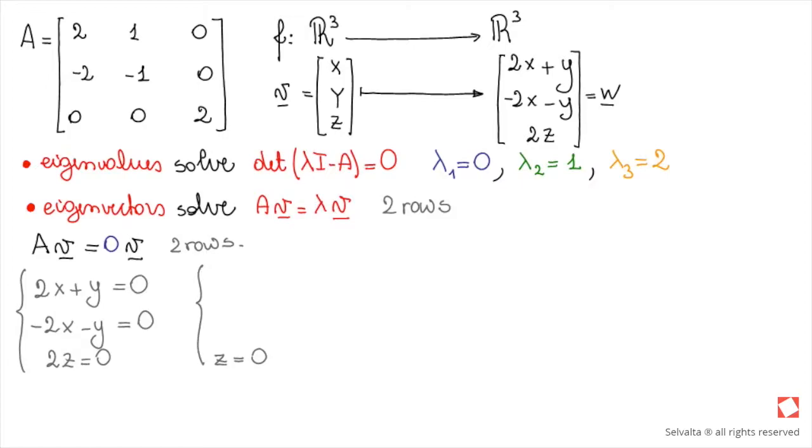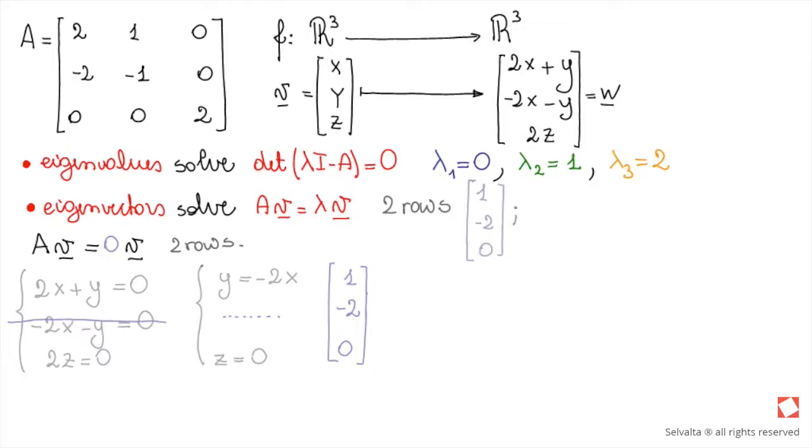From the first row, I deduce y equal minus 2x, but of course the second row is a multiple of the first one and can be cancelled. Then a representative eigenvector associated to the first eigenvalue is a vector where the third component is 0 and the second component is minus twice the first component. This is the eigenvector associated to lambda 1.